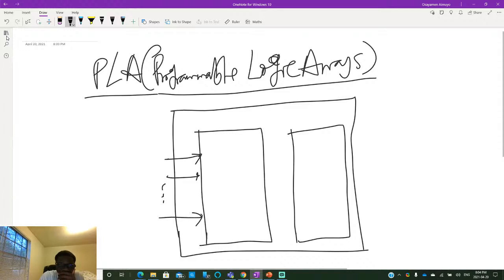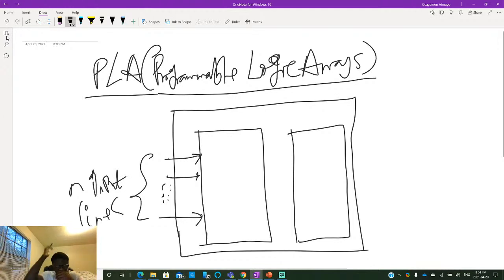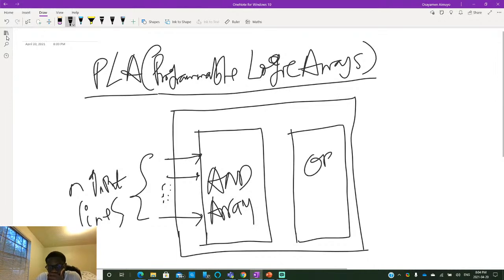This just means multiple of these lines. So you have n input lines, okay? And then this is our AND array, or AND plane, and our OR array as well. The difference is this is not a decoder, because it doesn't generate all of the minterms.